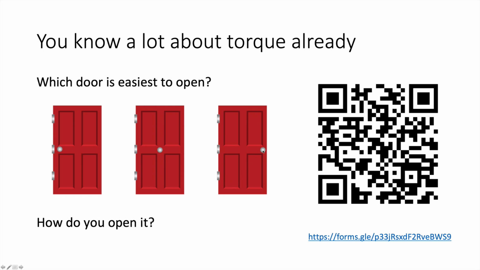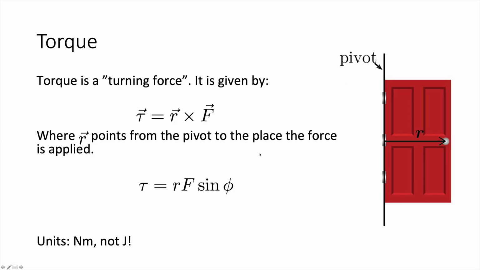And how do you open it? You open it by applying a force on the door handle, pulling it in a direction which is perpendicular to the door. This force that you're applying is actually a torque, a turning force.